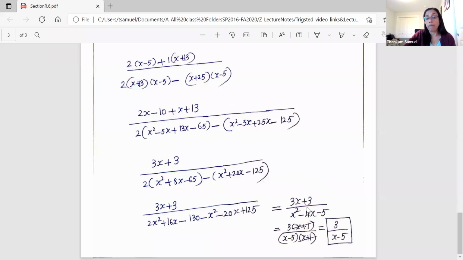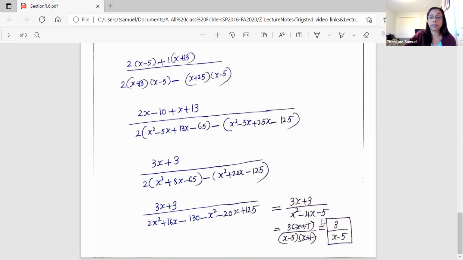We always need to write the answer in simplified form. So see whether you can factor the numerator and the denominator. You can see that 3 is a common factor in the numerator. So factor that out, and you will get 3 times x plus 1 in the numerator, divided by the factors of x squared minus 4x minus 5, which are x minus 5 and x plus 1.